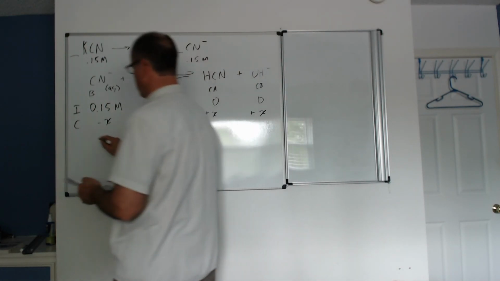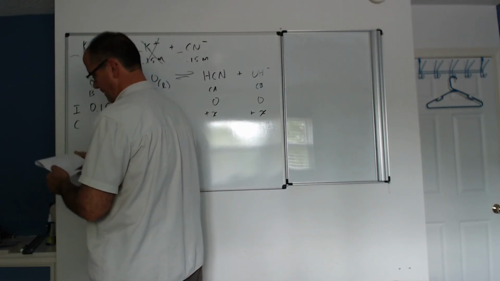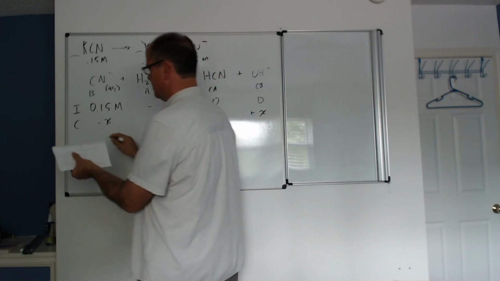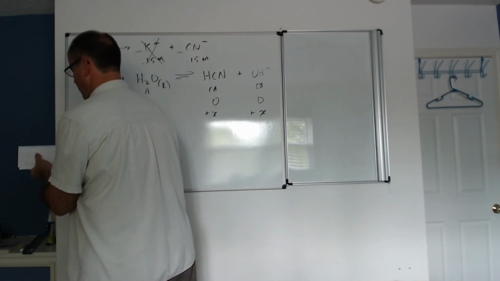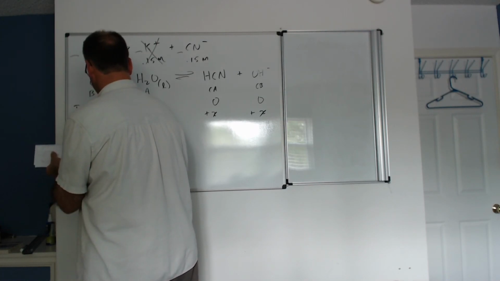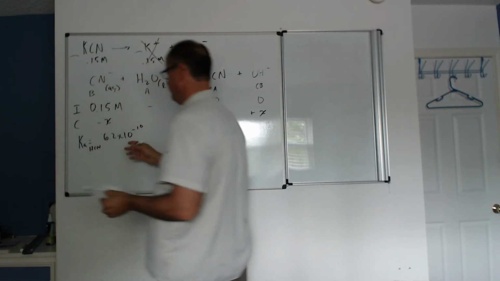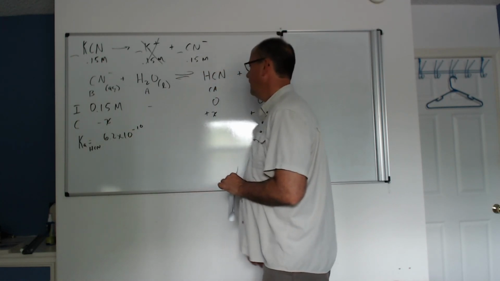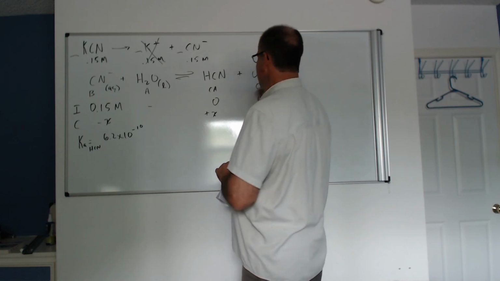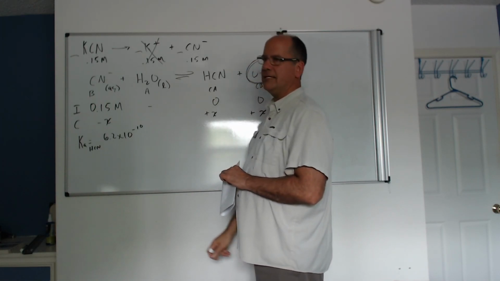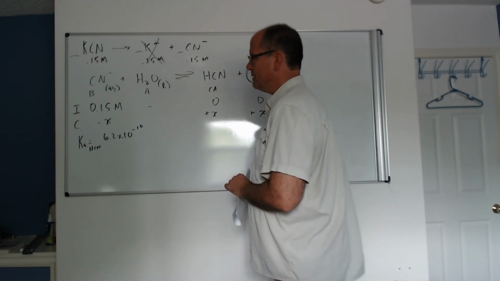So our equilibrium is going to be, now it tells us what the Ka is. It tells us that the Ka for HCN is 6.2 times 10 to the minus 10. But this is a basic environment, so I want the Kb.